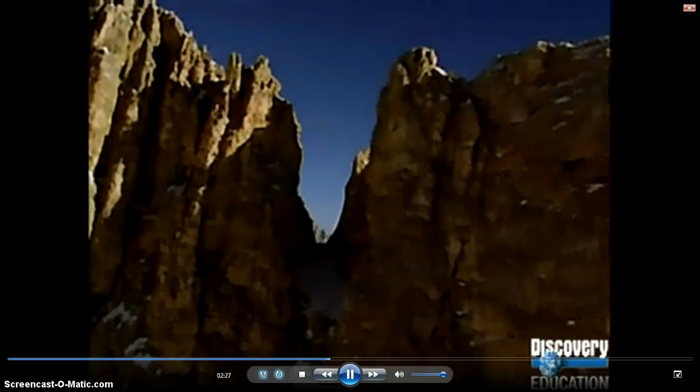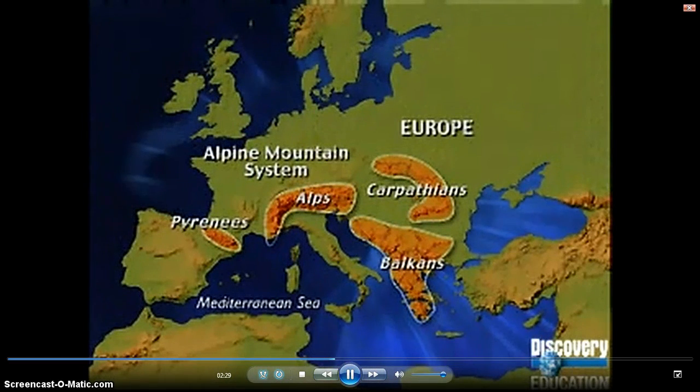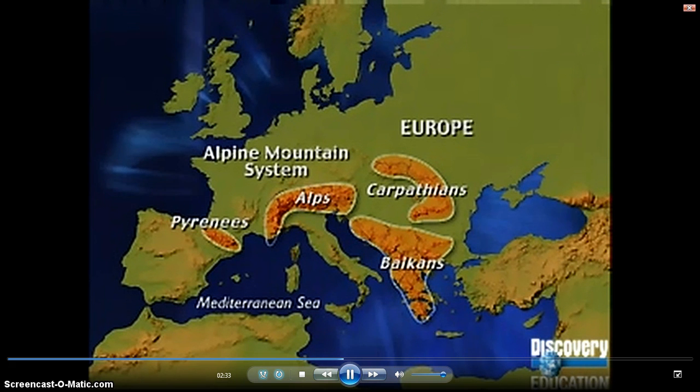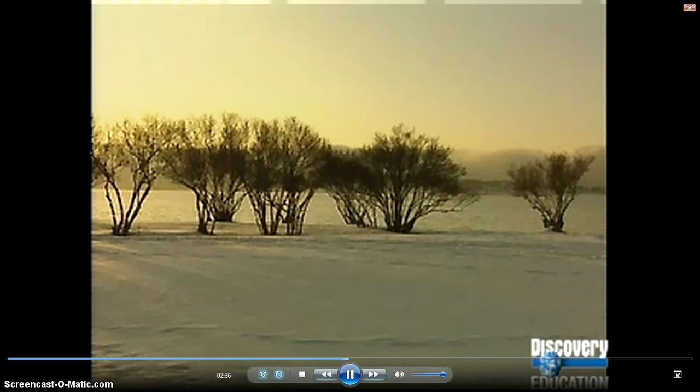Europe has relatively low elevations, except for the Alpine mountain system that runs west to east. These mountains, the Carpathians, Balkans, Alps, and Pyrenees, form a natural barrier between northern and southern Europe.